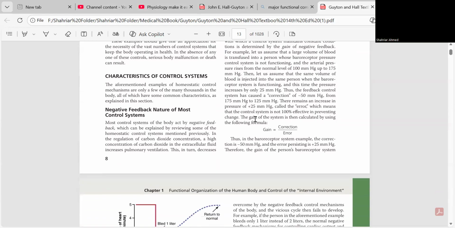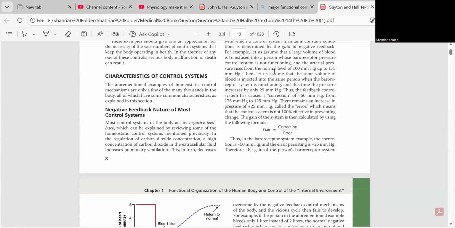In the person whose baroreceptors are functioning, blood pressure increases only 25 millimeter mercury, that is 125. Thus, the feedback control system has caused a correction of minus 50 millimeter mercury.